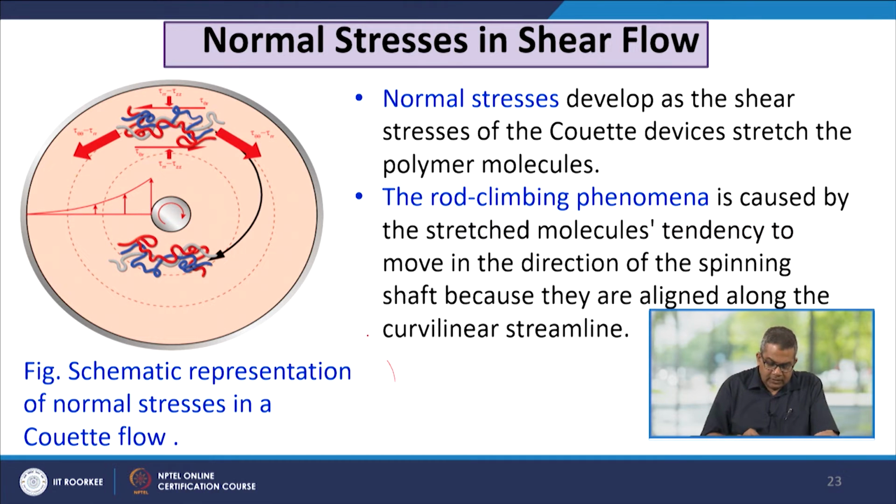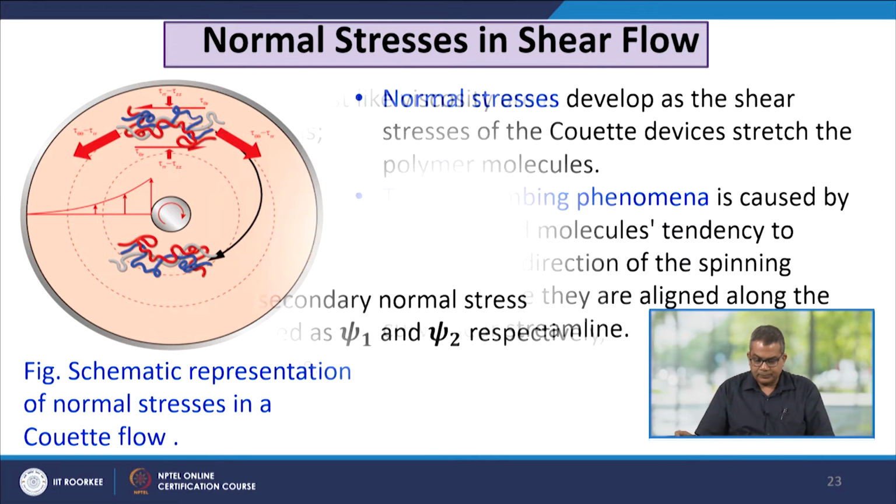Now, this is the schematic representation of normal stresses in the cuvette flow. The normal stresses develop as the shear stress of the cuvette device stretches the polymeric molecules. The rod climbing phenomenon is caused by the stretched molecules' tendency to move in the direction of the spinning shaft because they are aligned along the curvilinear streamlines.